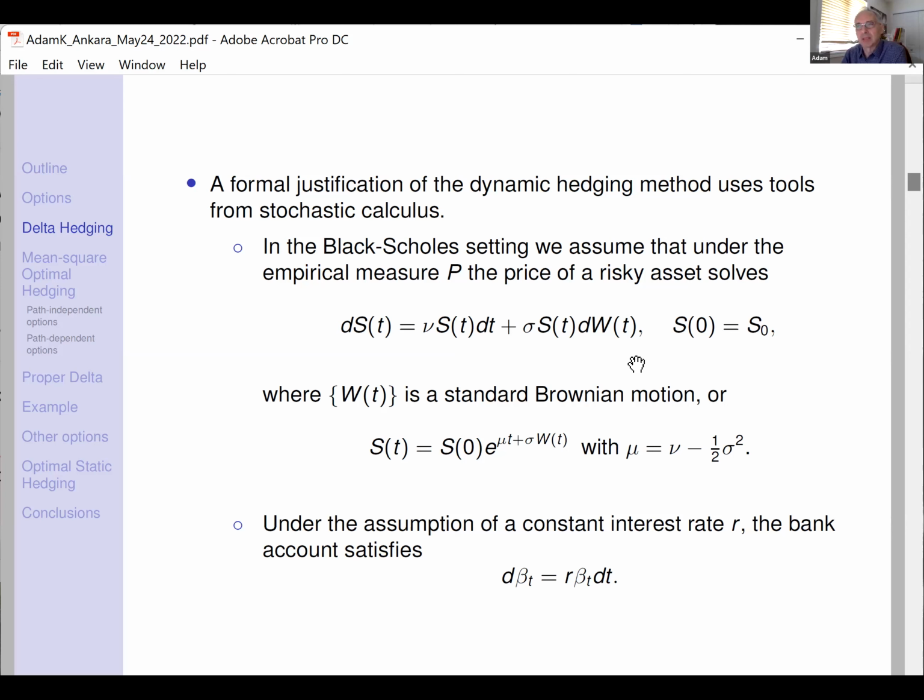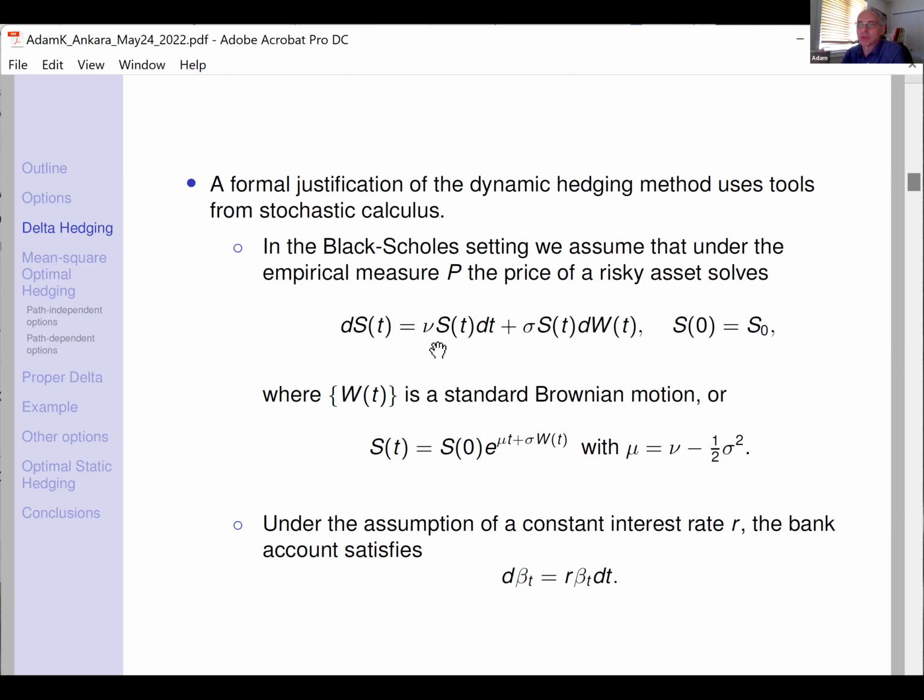We do this under the empirical measure P, meaning we are postulating a model that in principle we should be able to estimate if I observe prices of the index in the market. This model is in the form of a stochastic differential equation. It is a linear stochastic differential equation because both the drift term and diffusion term are linear functions of the underlying security. There are two parameters.